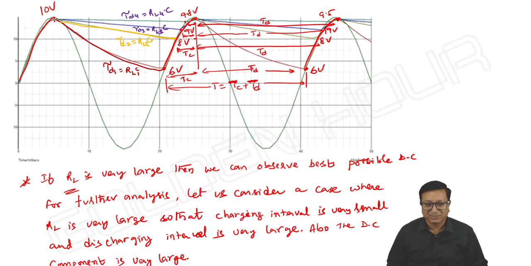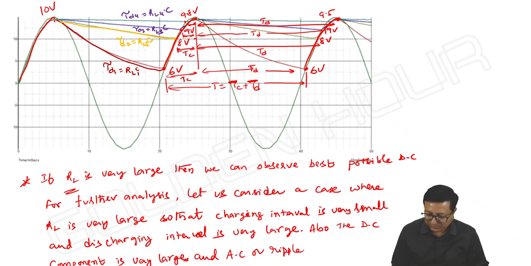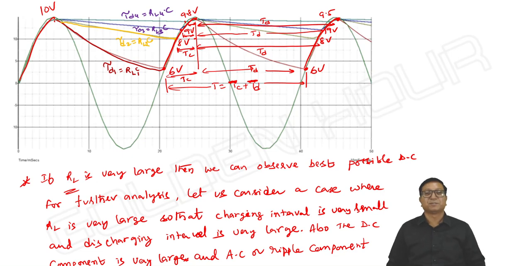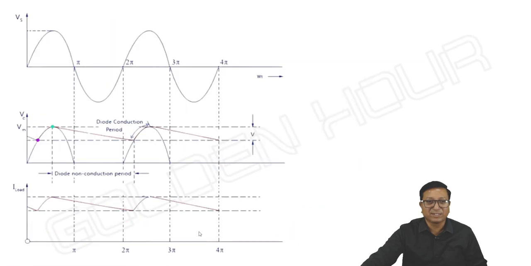Okay. Also DC component is very large and AC or ripple component is very small. That's it. This is the idea here.